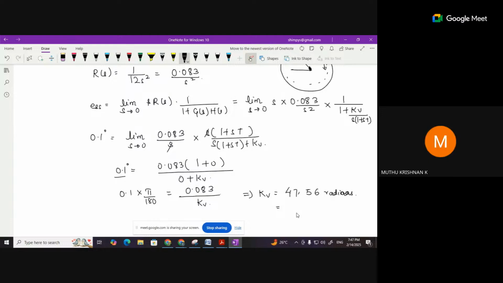I didn't convert it to degrees yet. In radians, I'm getting this. Fine, this is good to go. In degrees it is 179 or 180 degrees. Yes, correct.